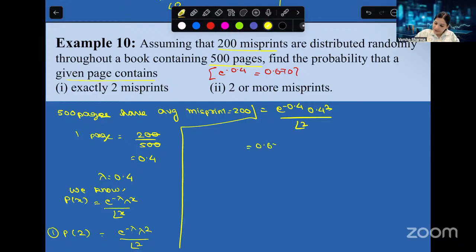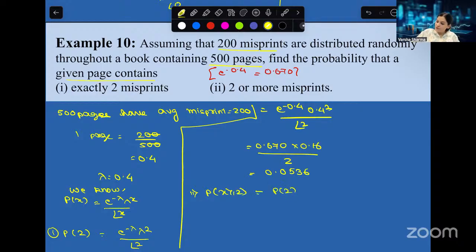So 0.670 times 0.16 by 2. Answer: 0.0536.